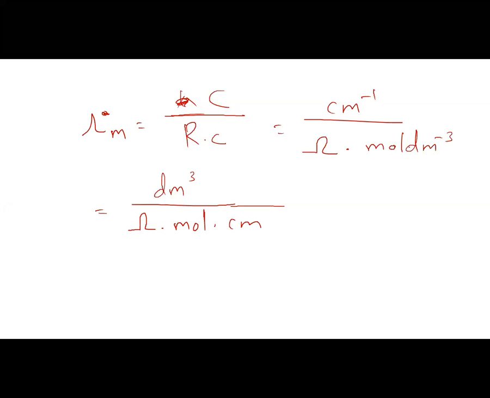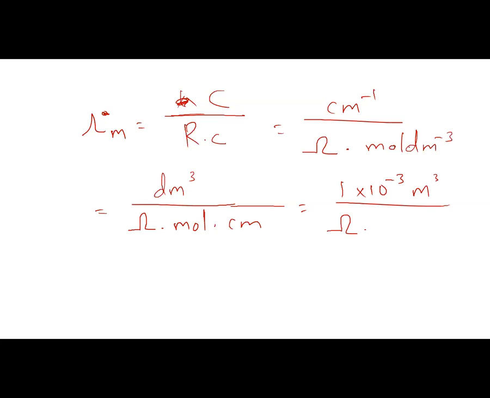Let's convert this into meters. So if I were to convert this, it becomes 1 times 10 power negative 3 meter cube over ohm mole times 10 power negative 2 meters.